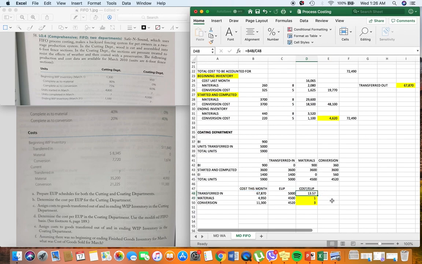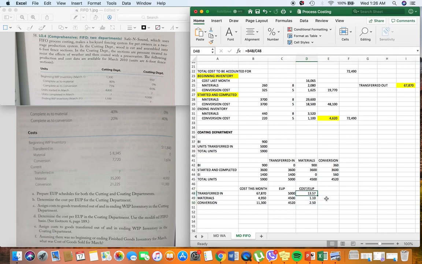For transferred in, we have 13.57. And for materials and conversion, we have 1.1 and 2.5 respectively. So these are our cost per EUP.